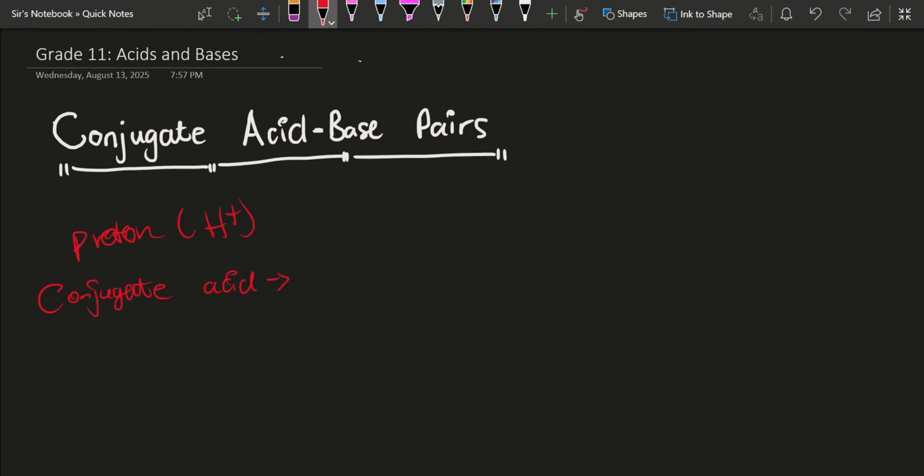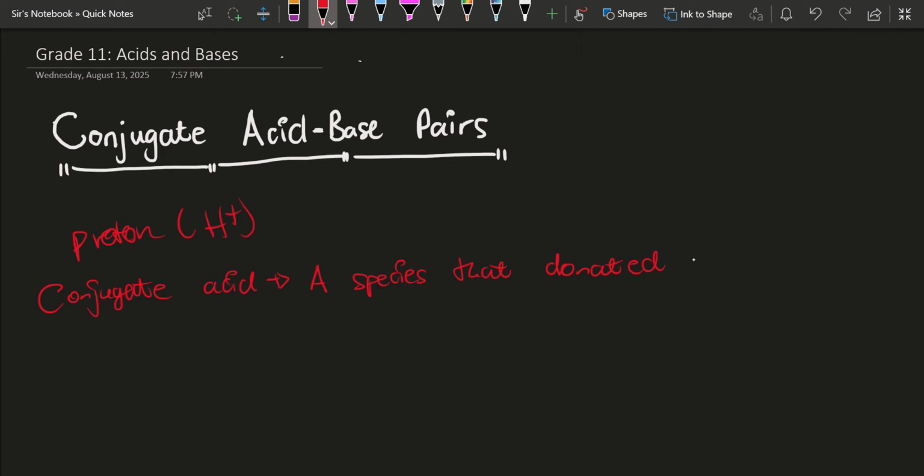A conjugate acid is a species that donates a proton. Remember, an acid, by definition of the Lowry-Bronsted theory, is a proton donor.